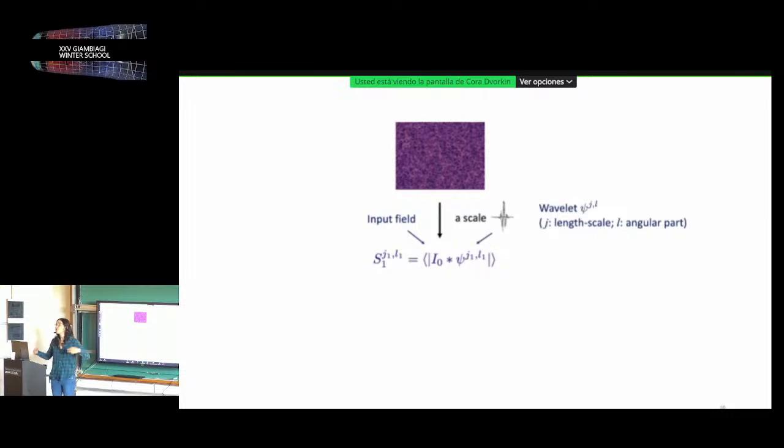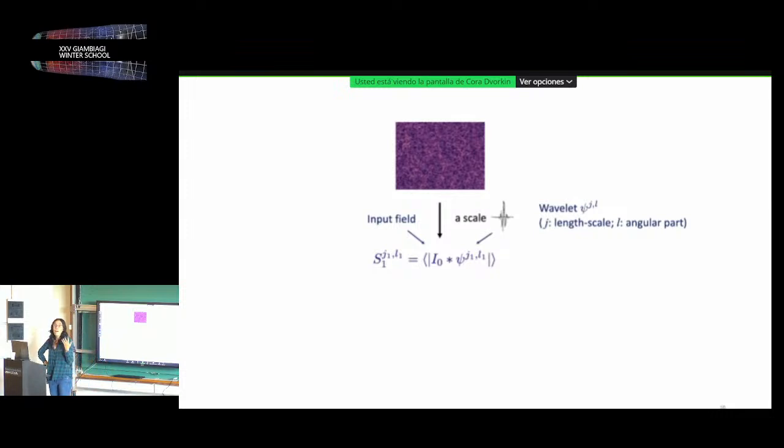And finally, to construct the translational invariant statistics, you take the spatial average. In convolutional neural networks, for the ones who are familiar, this goes under the name of global pooling, okay? So you take the absolute value and you take the average.